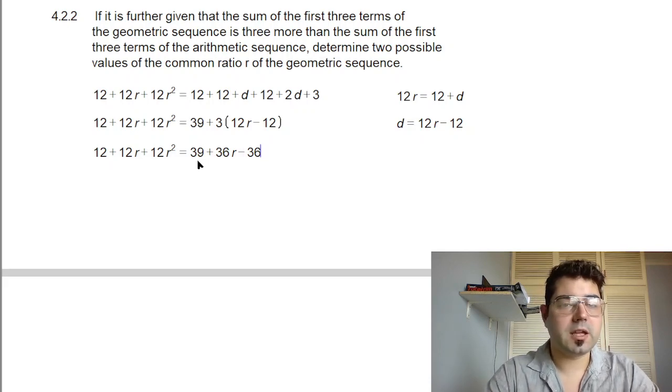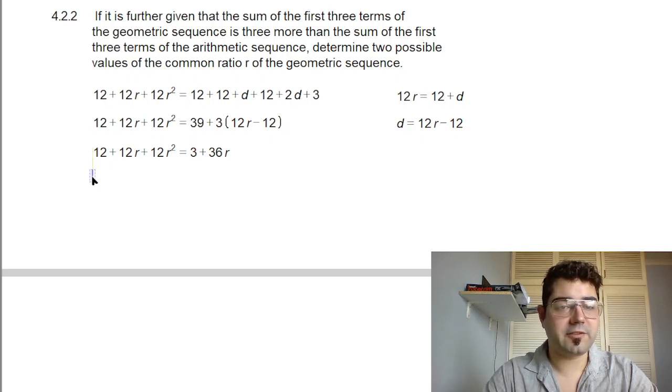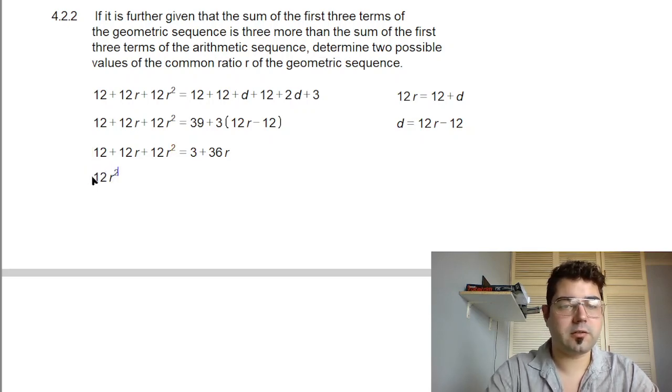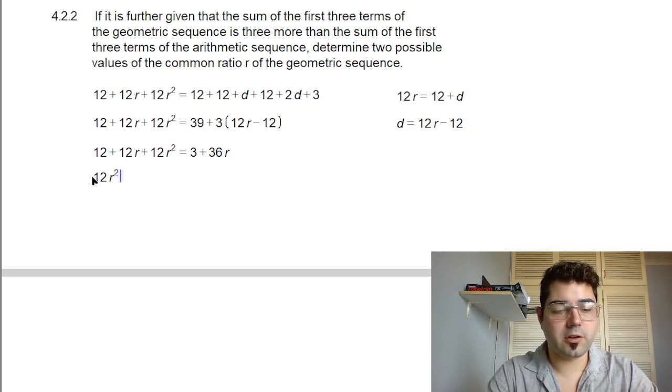And over here, 39 minus 36 is equal to 3. So on the left hand side, we've got 12r squared. 12r minus 36r is going to be negative 24r. And then 12 minus 3 is going to give you 9. Equals 0.